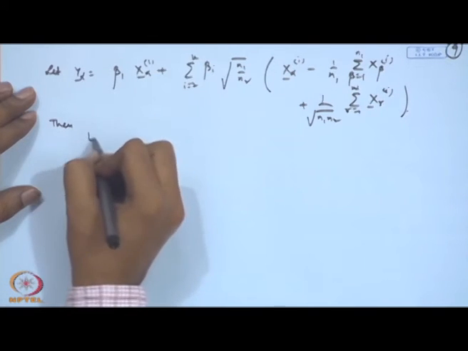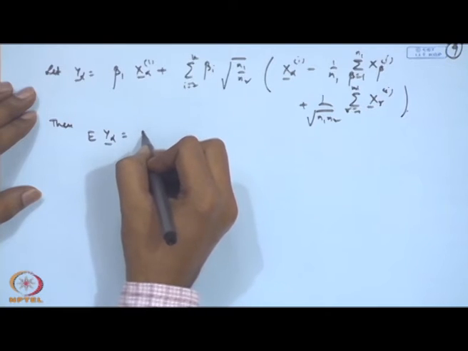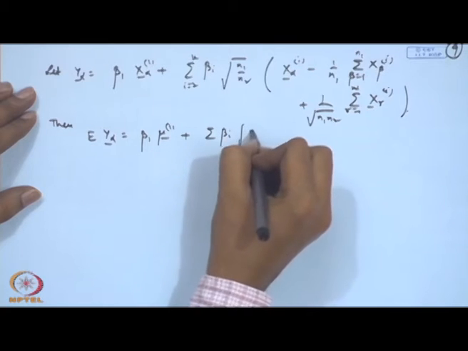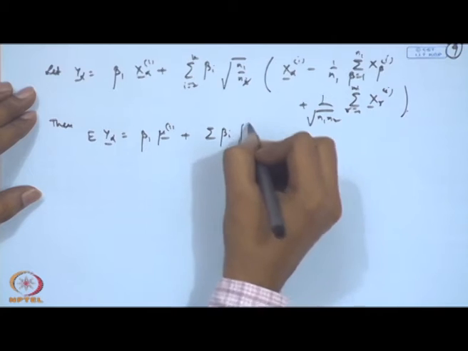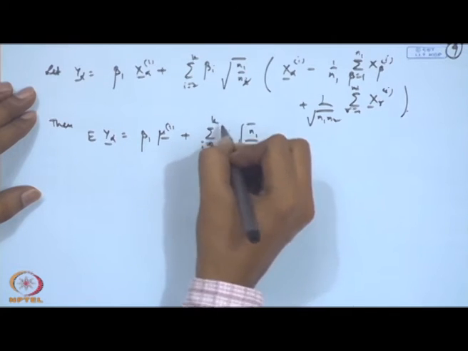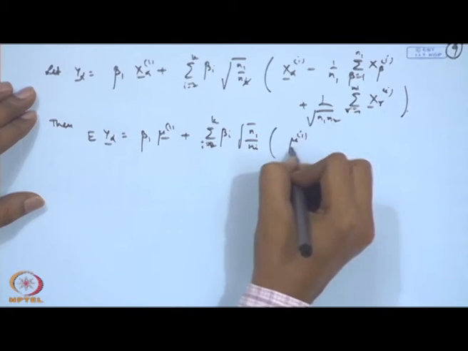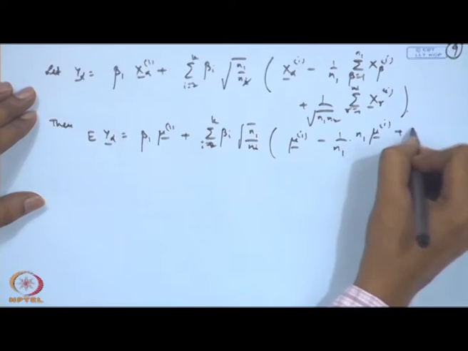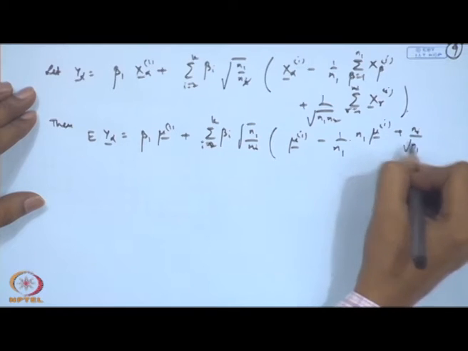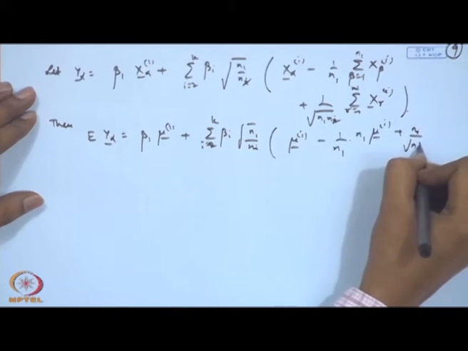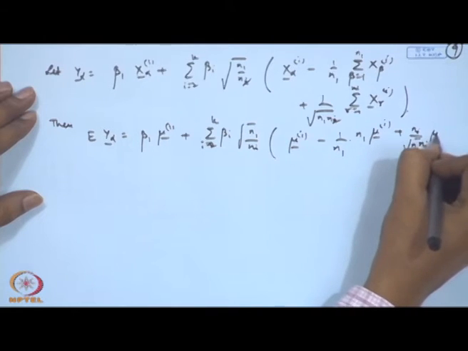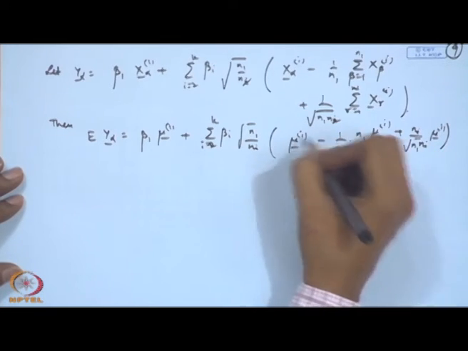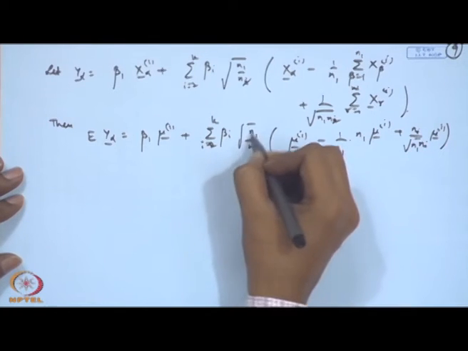Then if we consider say expectation of y alpha, then it is simply becoming beta 1 mu 1 from first term here plus sigma beta I root n 1 by n I, I is equal to 2 to k, mu I minus 1 by n 1 n 1 mu I plus n I by root n 1 n I mu I. So, this term gets cancelled out, n 1 by n I, this gets cancelled here.